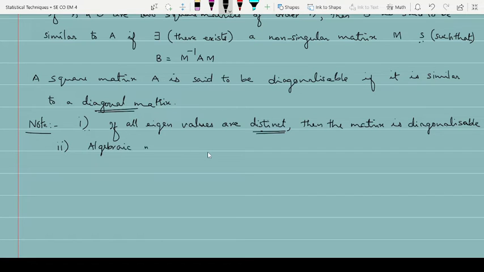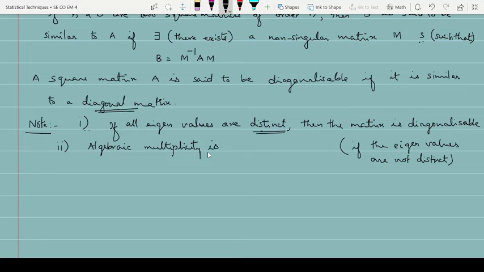In this case, if the eigenvalues are repeating, or if the eigenvalues are not distinct, not distinct means they are repeating. In that case, you will find algebraic multiplicity and geometric multiplicity. Now, what is algebraic multiplicity?